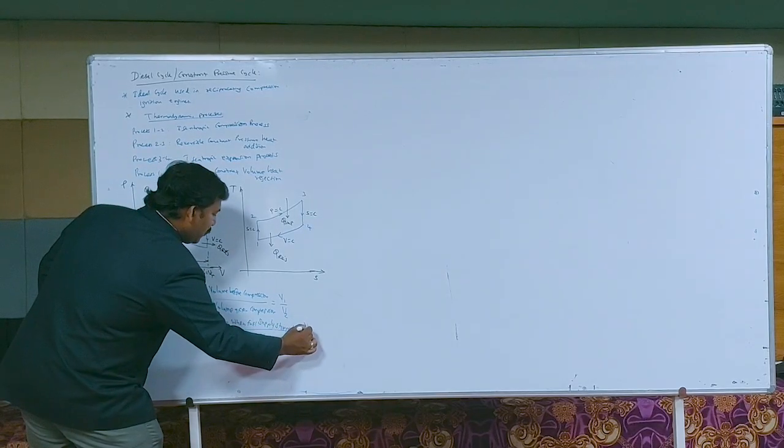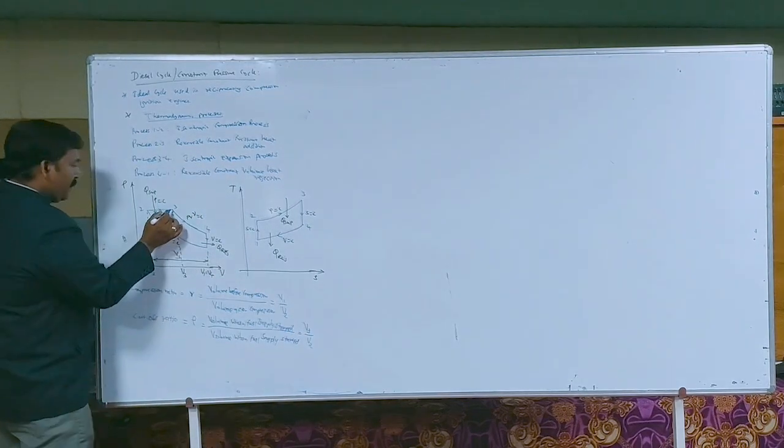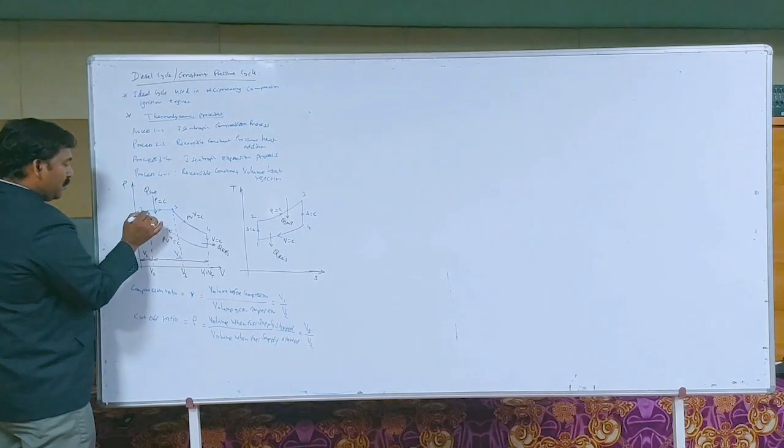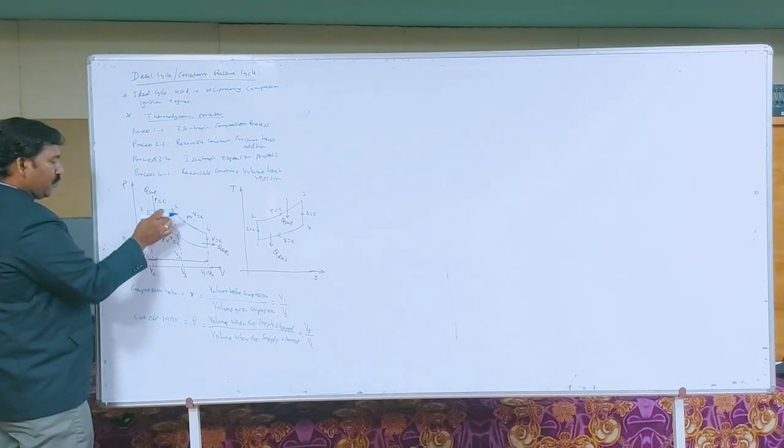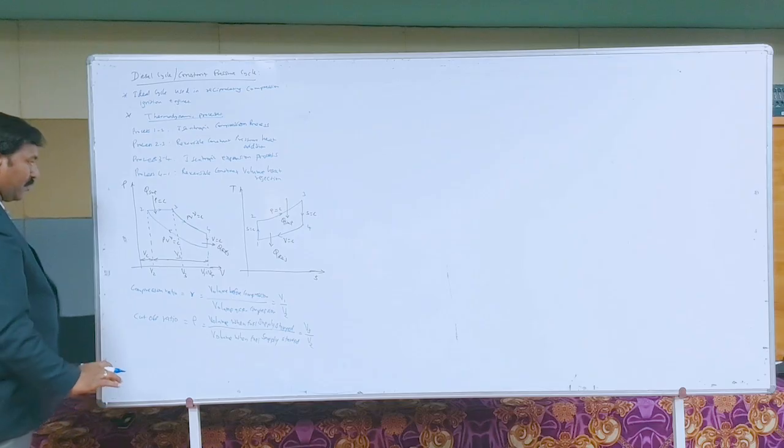So we can say V3 by V2. Here the fuel supply starts and here the fuel supply stops. So V3 by V2 is the cutoff ratio.